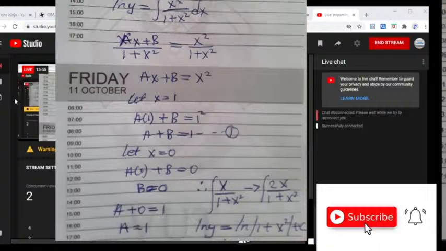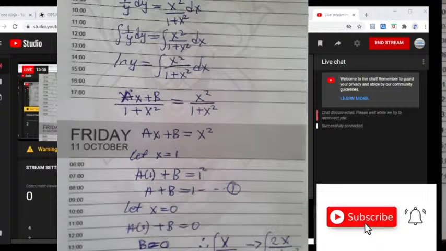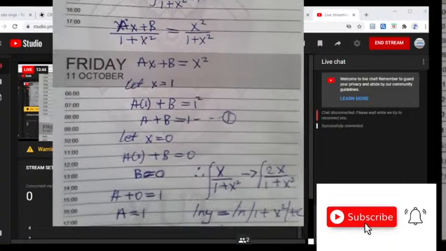After that, let's go on top. We have already integrated our 1 over y, which is ln y.